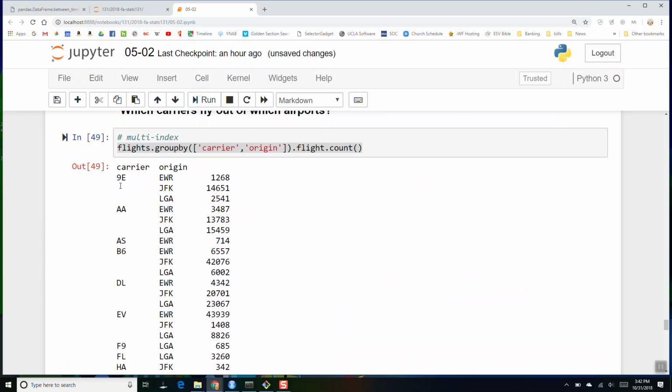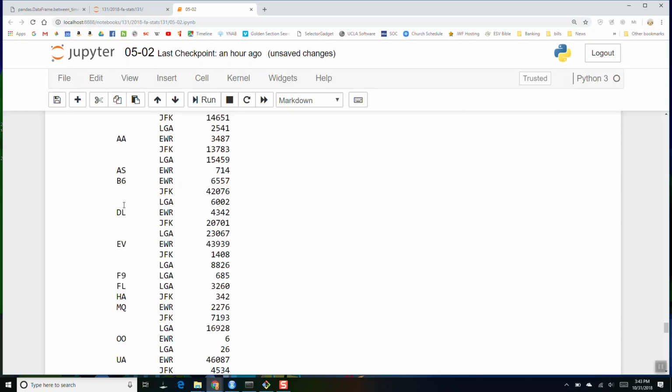Pandas or Python doesn't print this, but there's an implicit 9E and a 9E here. 9E EWR is 1268. 9E JFK is 14,000, and 9E LaGuardia is 2,500. So those are hidden for simplicity, but they exist.